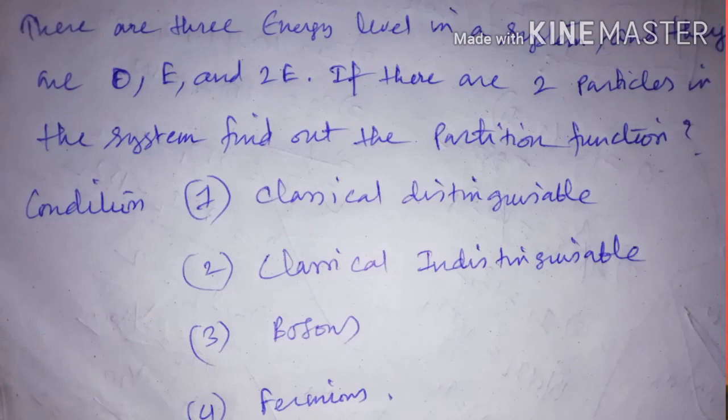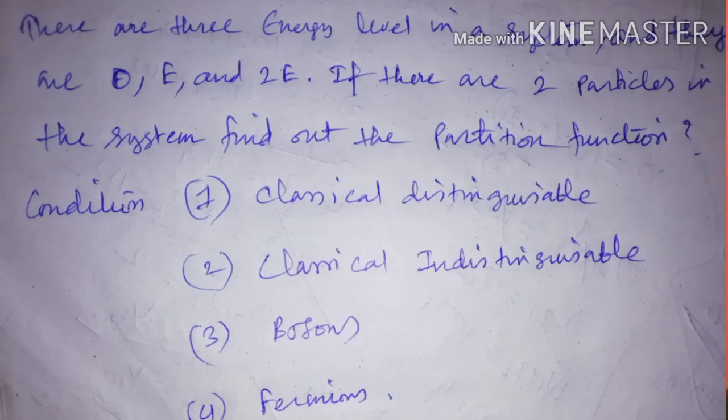So let's see the problem, what has been given. There are two particles, and these two particles can be kept in 3 energy levels, that are 0, E and 2E.